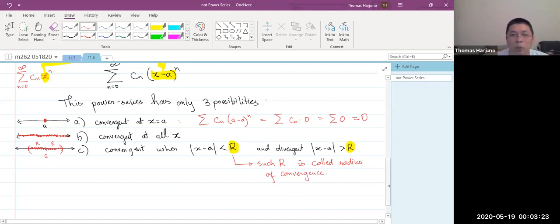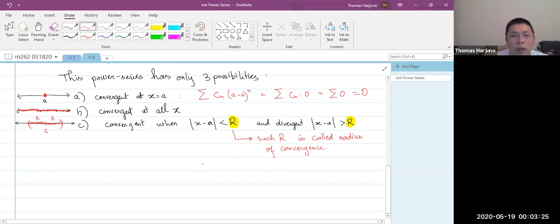Okay, which if I solve, then I will get x minus a is between negative r to r, so x is between a minus r and a plus r.